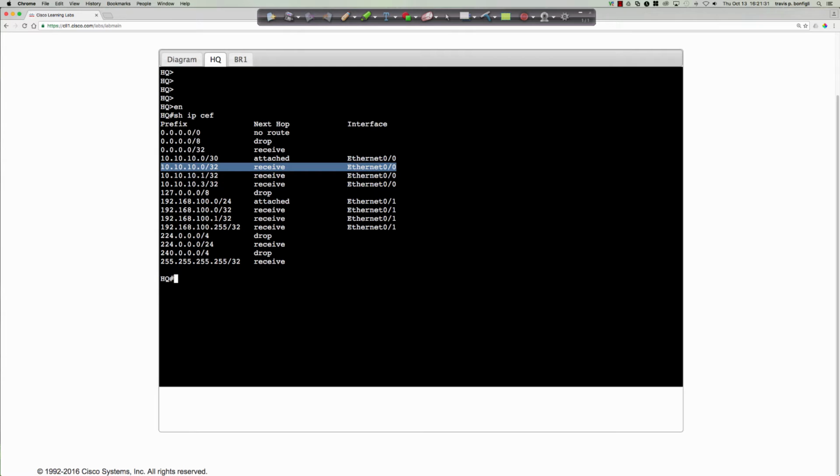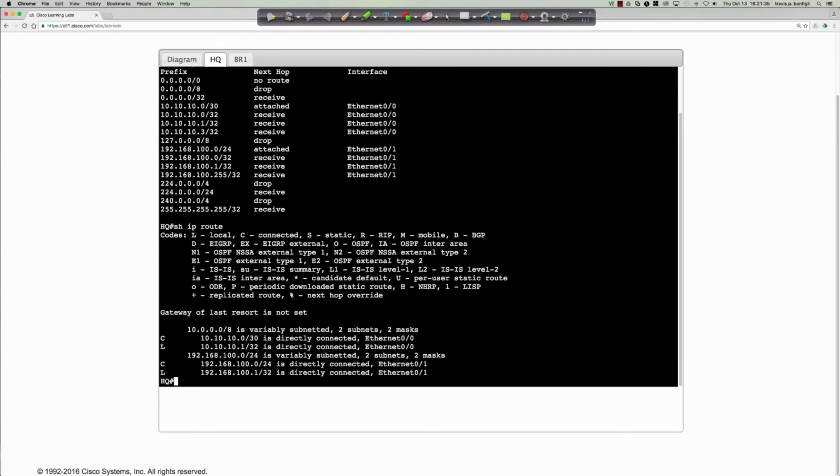So when I say show ip route, I've got these entries in here, and each entry that I have in my routing table is going to have an entry in the FIB. So you can see we've got the /30 and then the /32. Remember that attached means that it's directly attached. The receive means that it's destined for this router.